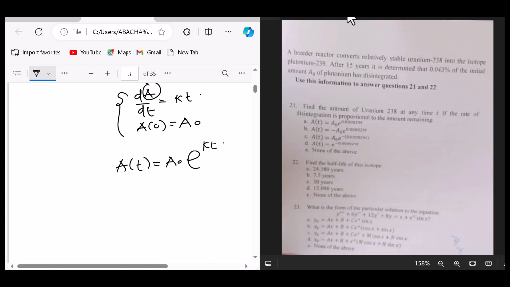But from the question, they are saying that after 15 years, 0.043% had disintegrated.